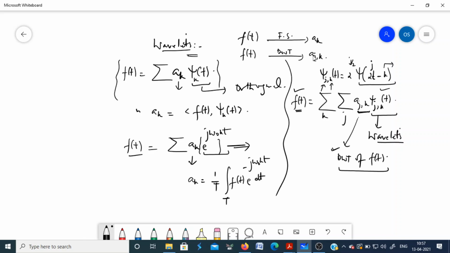Okay, and then we have seen why wavelets are effective. In Fourier analysis, the basis functions are fixed; they are complex exponentials, or sine and cosine terms.